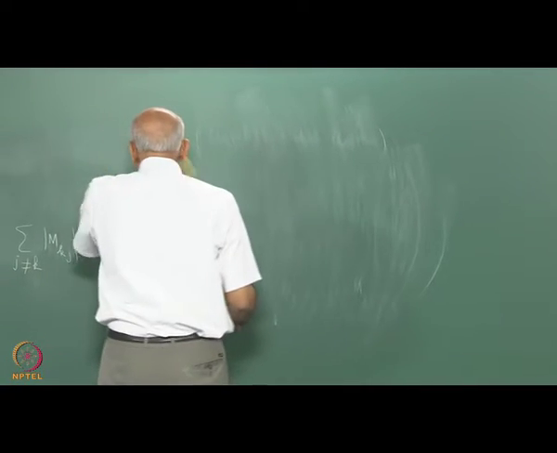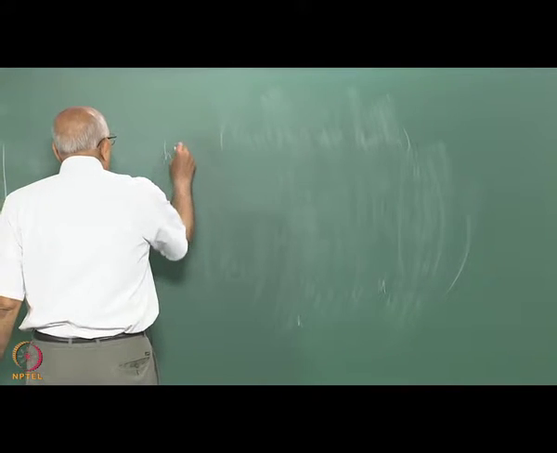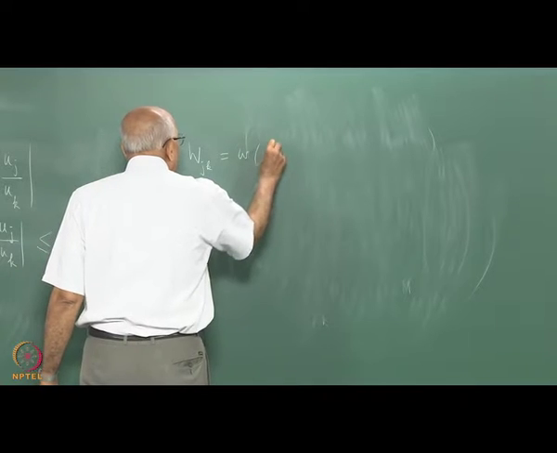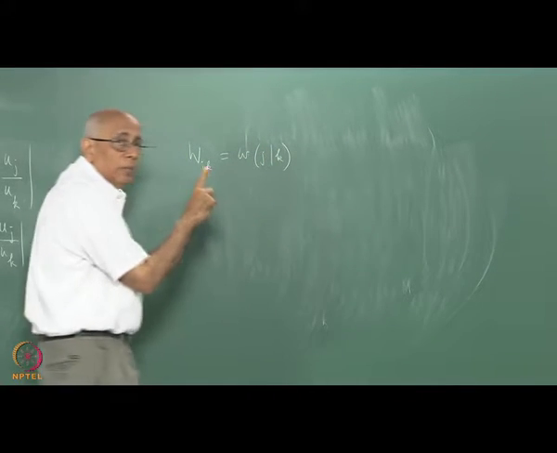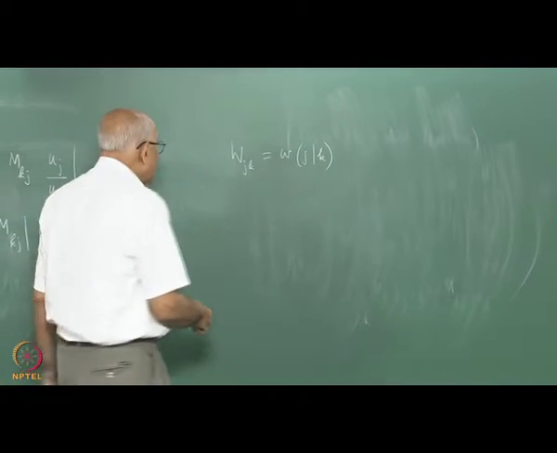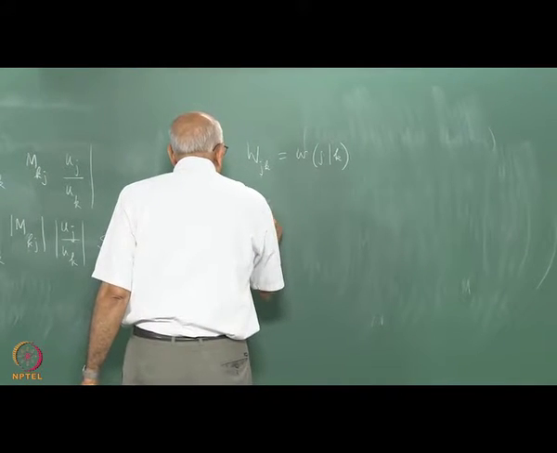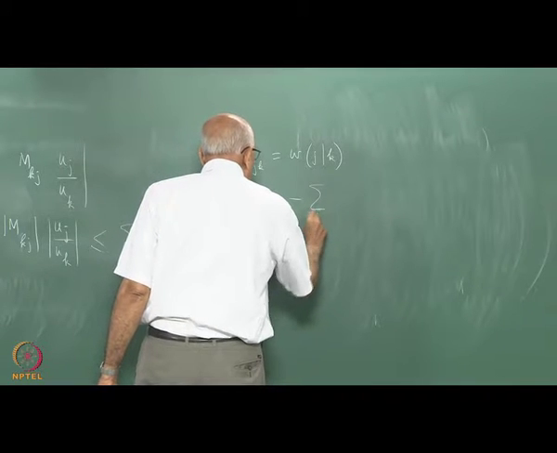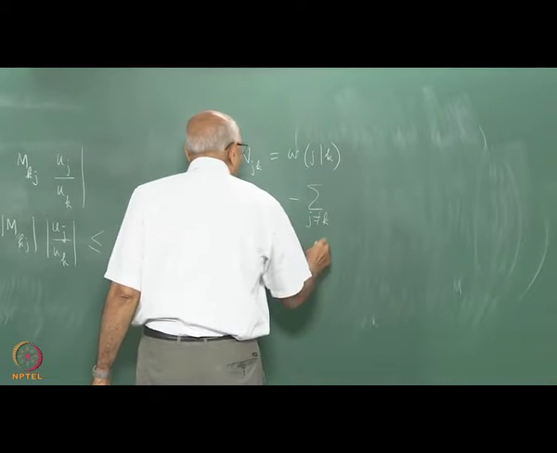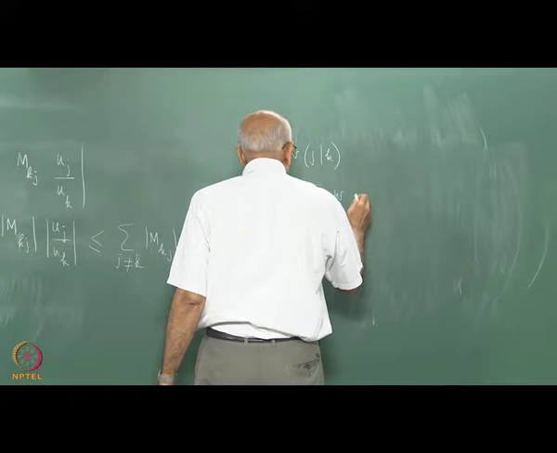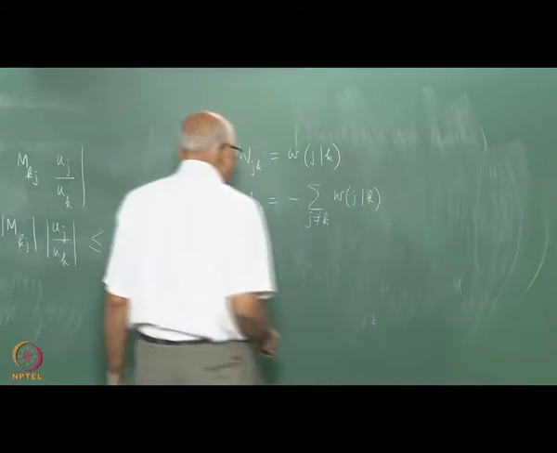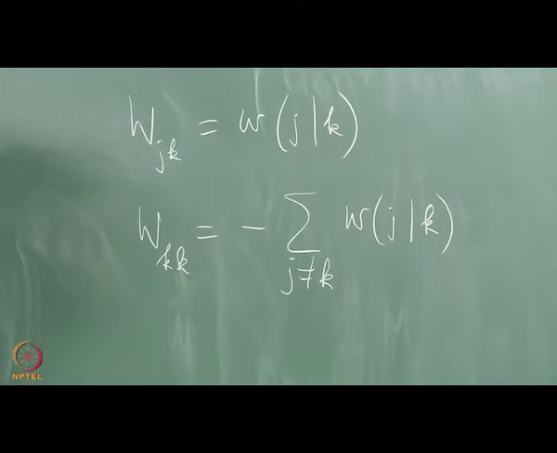Remember that we had this W whose off diagonal elements W_jk were all positive numbers, and the diagonal element kk was equal to minus the summation over j not equal to k of W_jk. Okay.